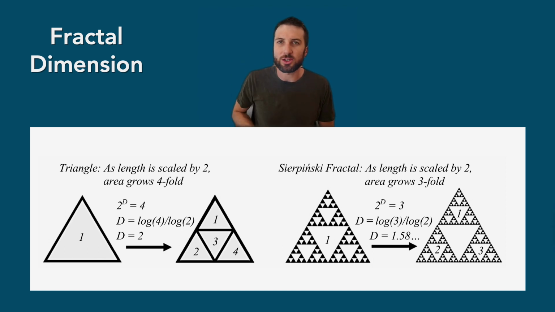And these triangles have lots of little triangles inside of them. So this essentially means that when it's scaled by 2, the object's area only increases by 3, not by 4. So the fractal dimension D is not a whole number. It's something around 1.58, and this is essentially the log of 3 divided by the log of 2.